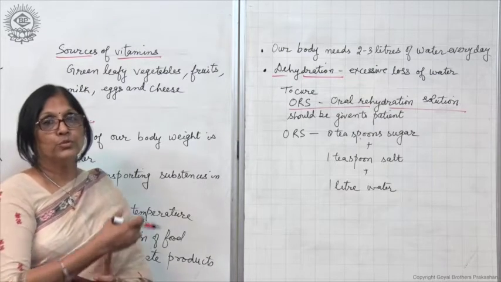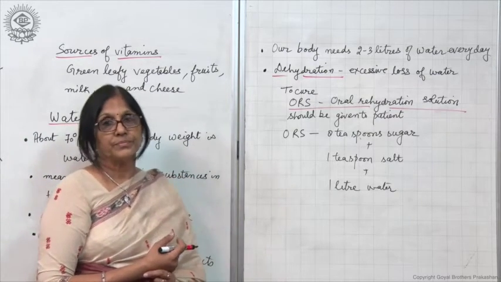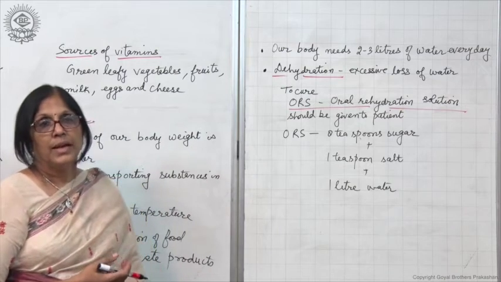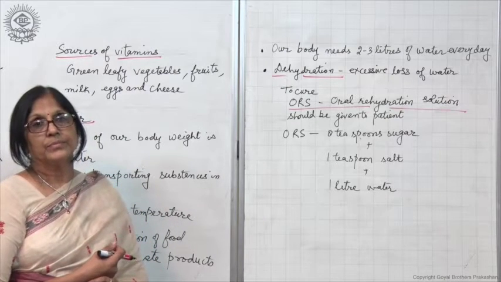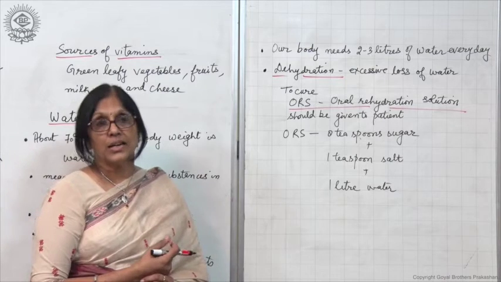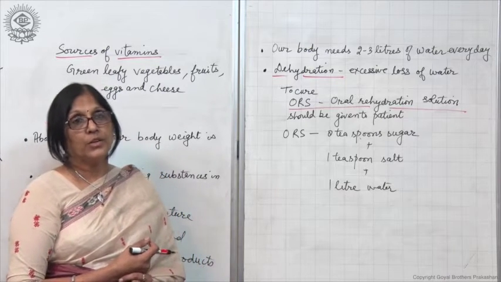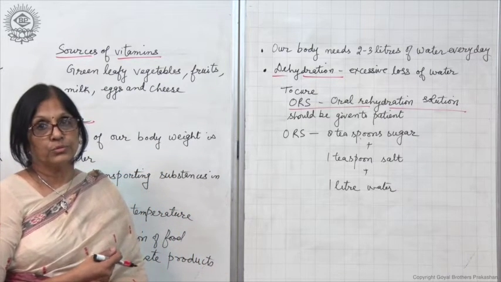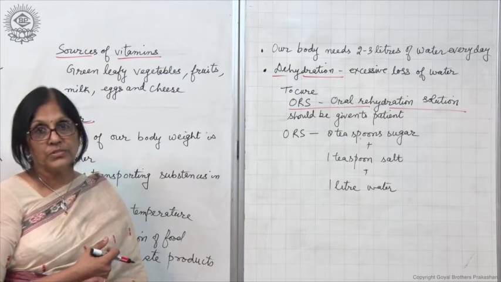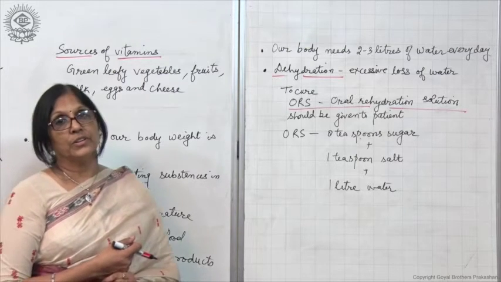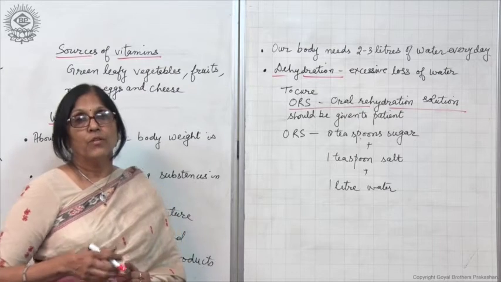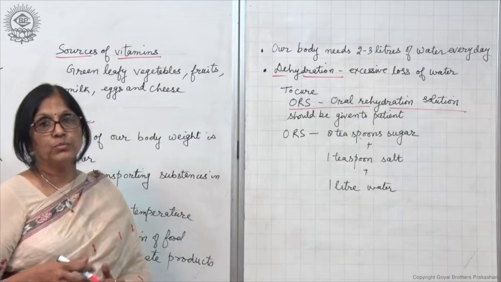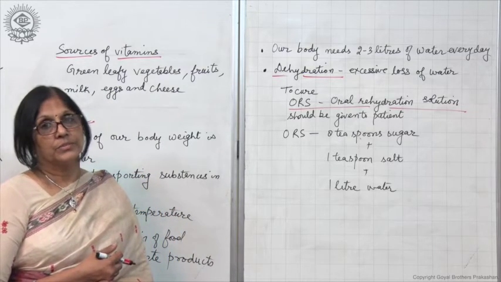Headache occurs, energy becomes less, the person becomes lethargic, and in acute cases it can cause death also. So it is to be taken very seriously when dehydration occurs, or when continuous vomiting followed by loose motion occurs.